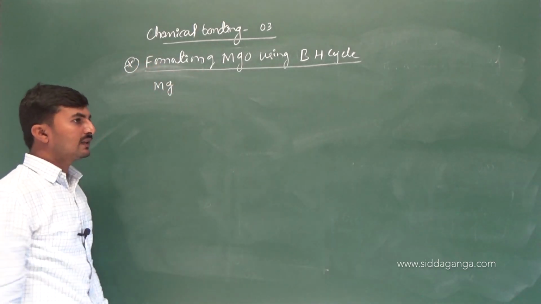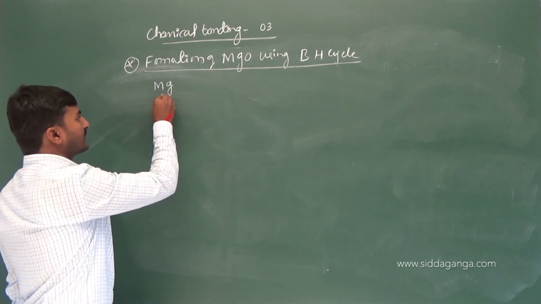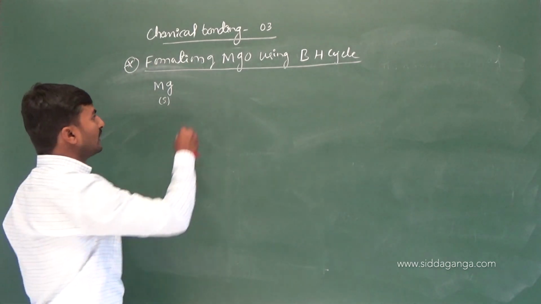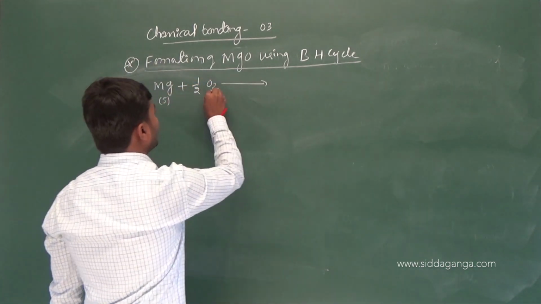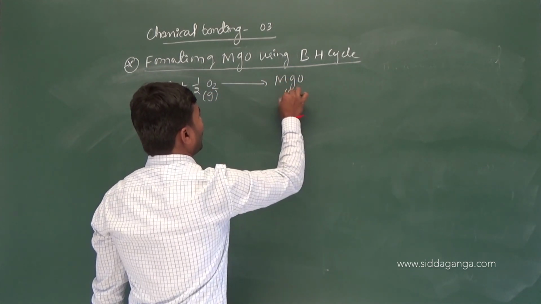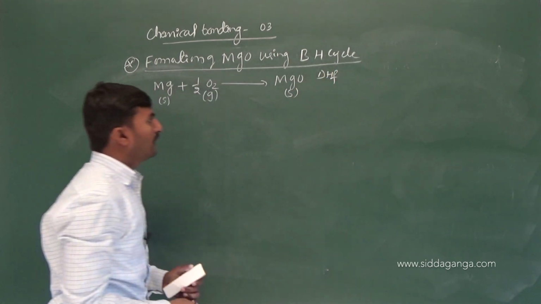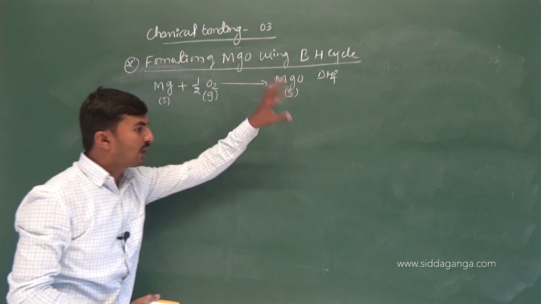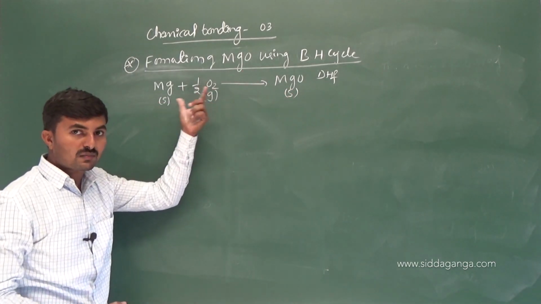According to enthalpy of formation, the element should exist in a pure state, plus half O2 in a gaseous state, it will become MgO. Okay, it is called enthalpy of formation, where an ionic compound is formed by the combination of elements in their pure or stable state.